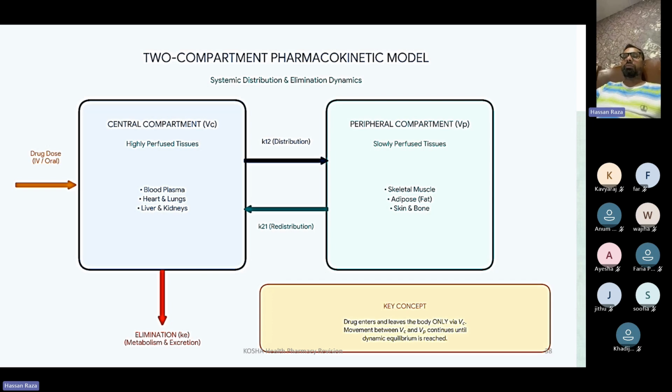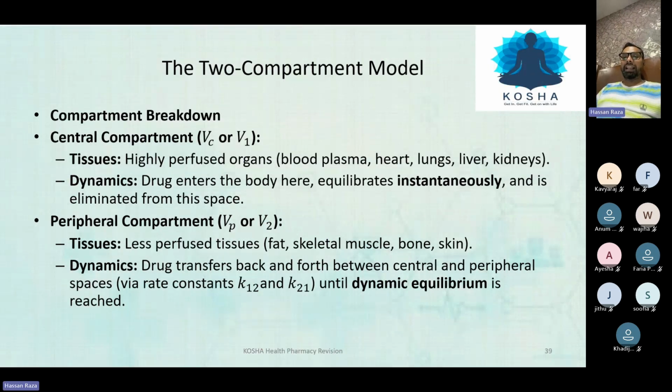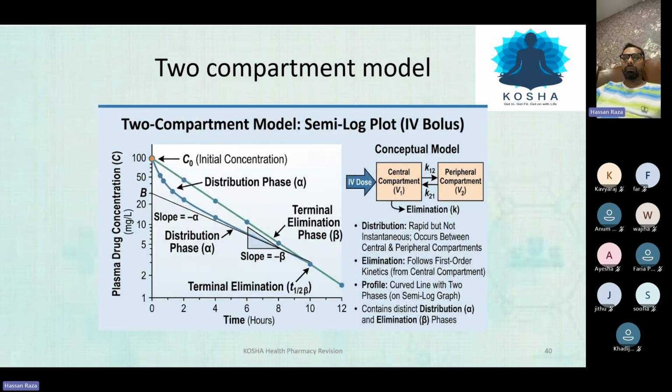Therefore, all these drugs which follow two compartment models have this kind of graph. You can see initially there is less concentration in the blood because we always take samples from the blood. In the distribution phase the curve is bent, but later on it follows one compartment model kinetics.